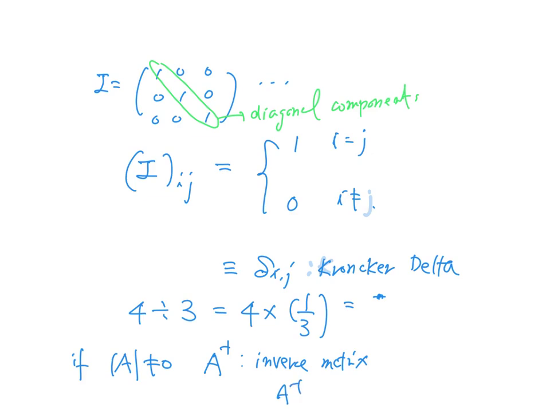So the inverse matrix is defined for the 2 by 2 case as A22, minus A12, minus A21, A11, divided by the determinant.